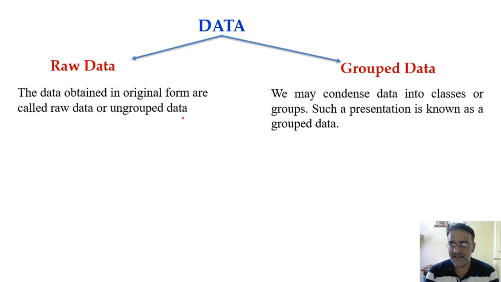And if we condense data into some classes, some groups, such presentation is known as grouped data. We already studied this last year in class 8: data in the form of class intervals is called grouped data.